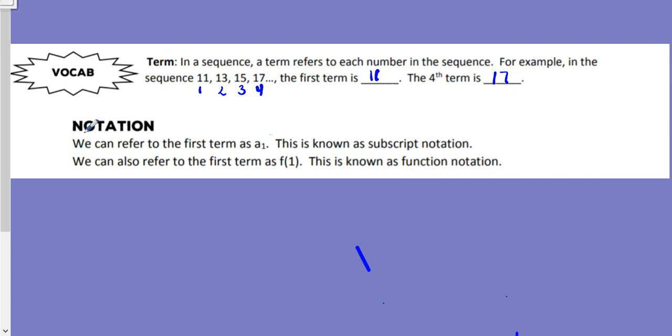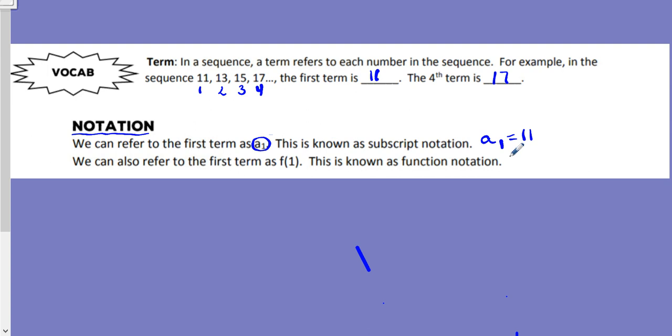We also have what is called notation. So we can refer to the first term as A1. This is known as a subscript notation. So we would say A1 equals 11. But we can also refer to the first term as f of 1.